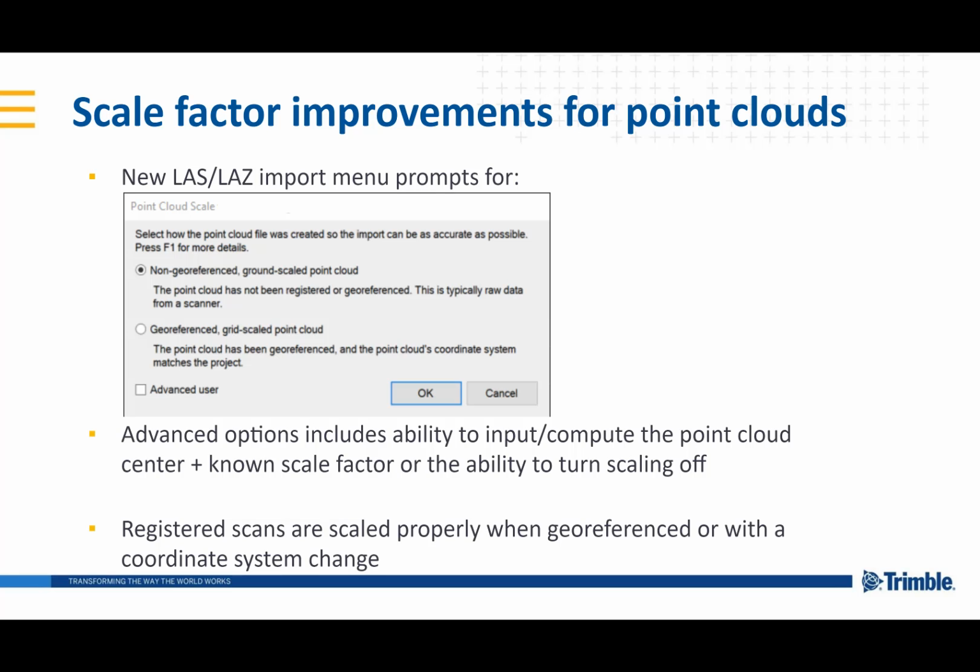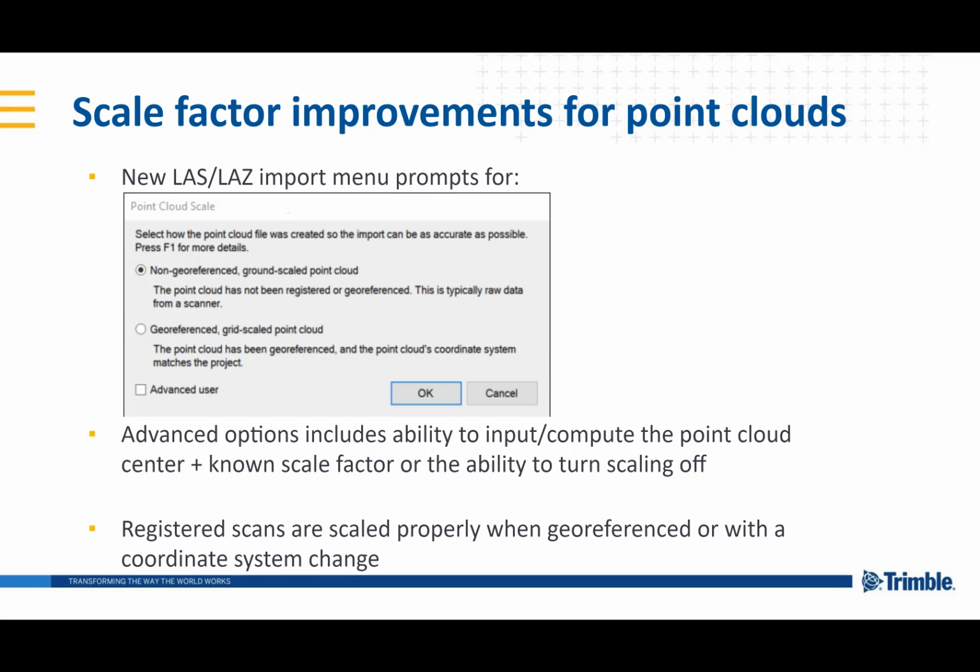These are the ability to tell TBC where this point cloud came from so that we can handle the scale properly. The top option, non-georeferenced ground scale point cloud, is typically for terrestrial data, raw data from a scanner, as the message says. The second option, georeferenced grid scale point cloud, is typically for aerial photogrammetry data that's referenced to a known projection or known coordinate system.